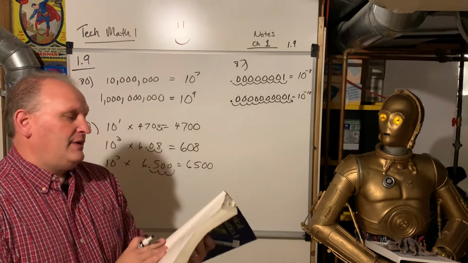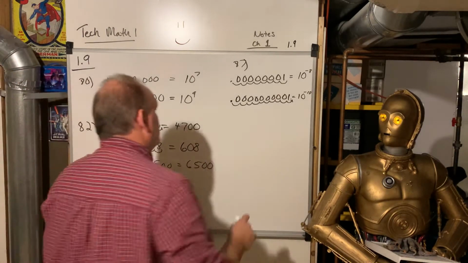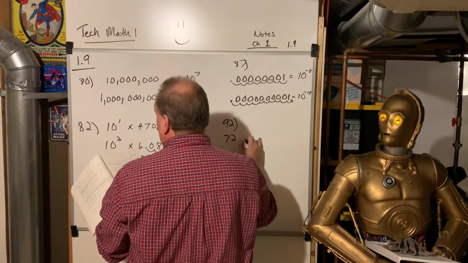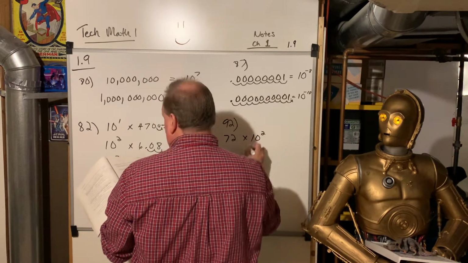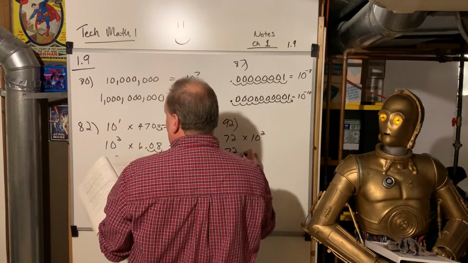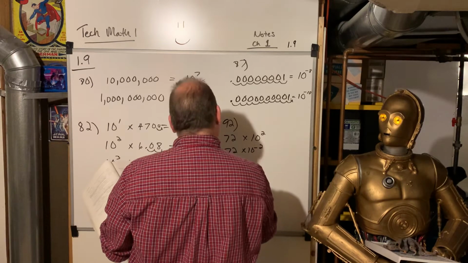And then I wanted to jump to 92. So this is just kind of fun with powers of 10. We're going to do scientific notation on 1.10, the second part of this video.